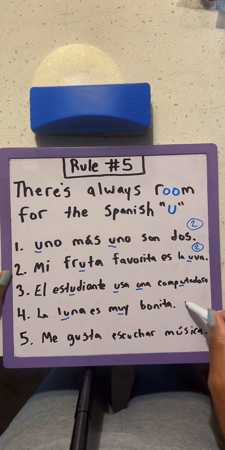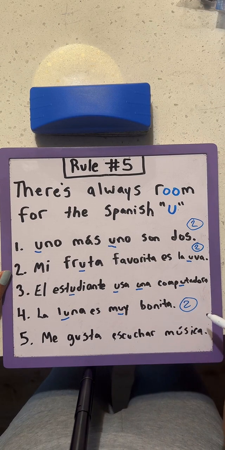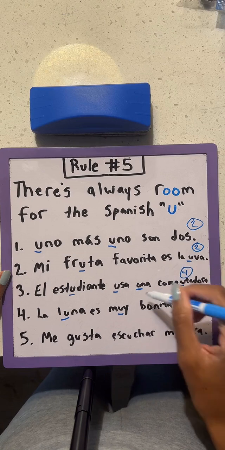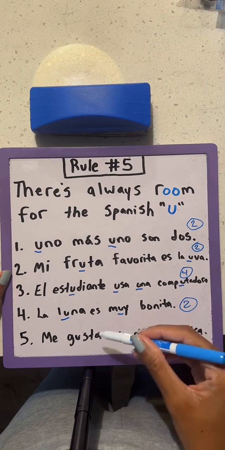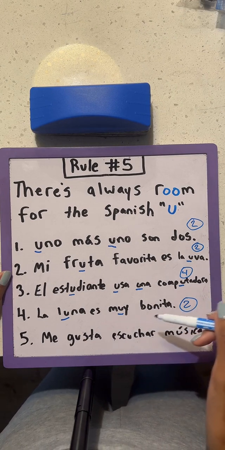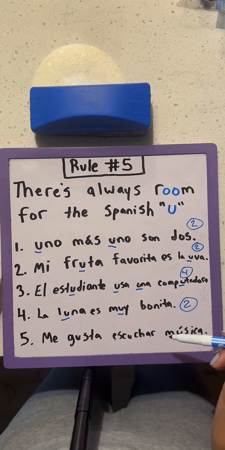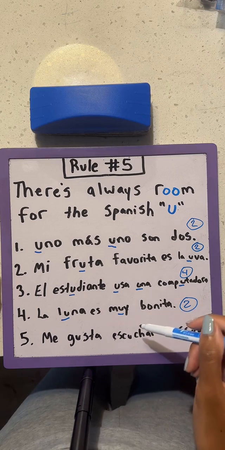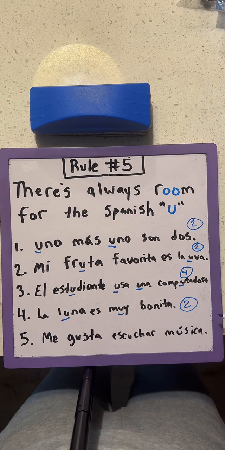So, yep, good job. So that one is dos. So, la luna es muy bonita. Okay, and then let's talk about the last one. Me gusta escuchar música. How many times do we see the oo sound in número 5?